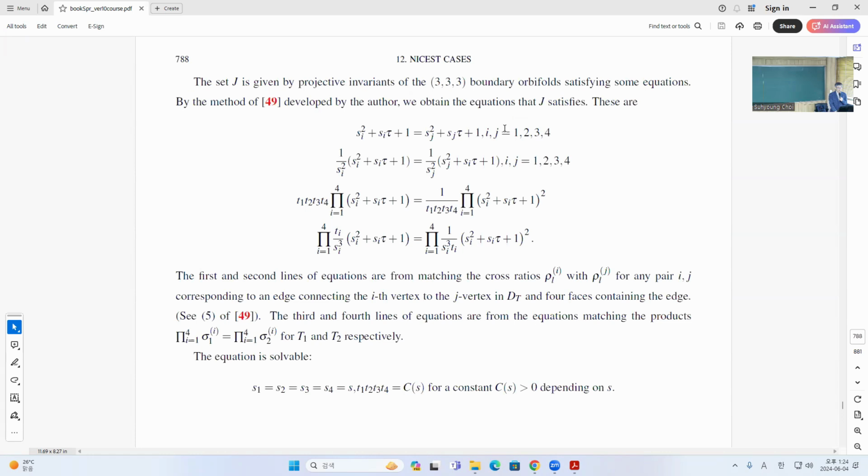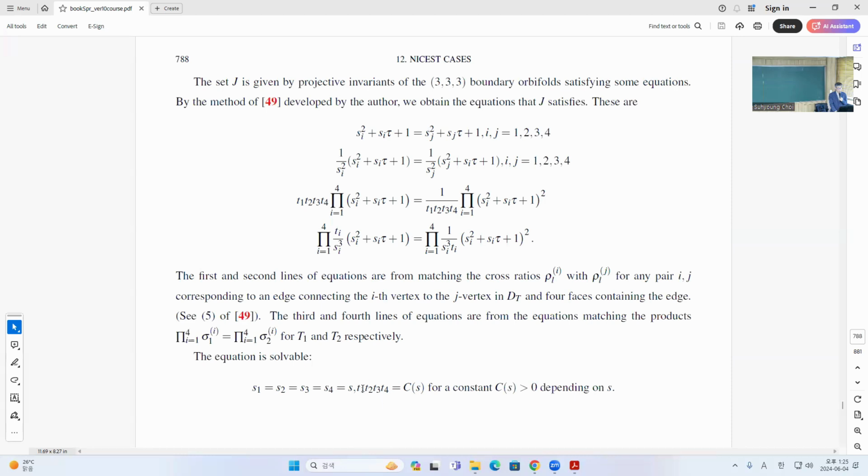In order for it to be in J, the cross ratio across the edge has to agree. This gives you this equation and this equation. And then the product of the central invariants has to be the same.